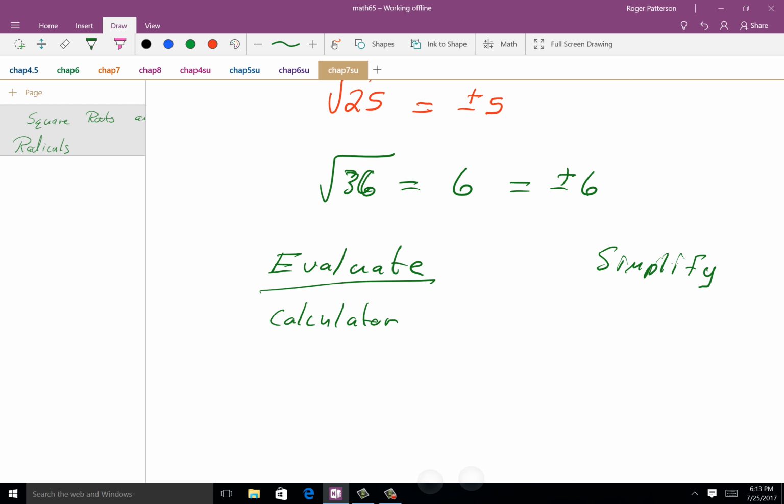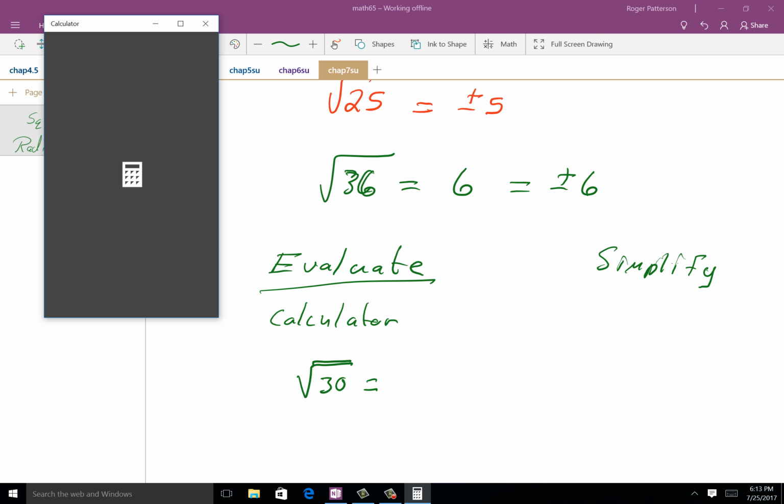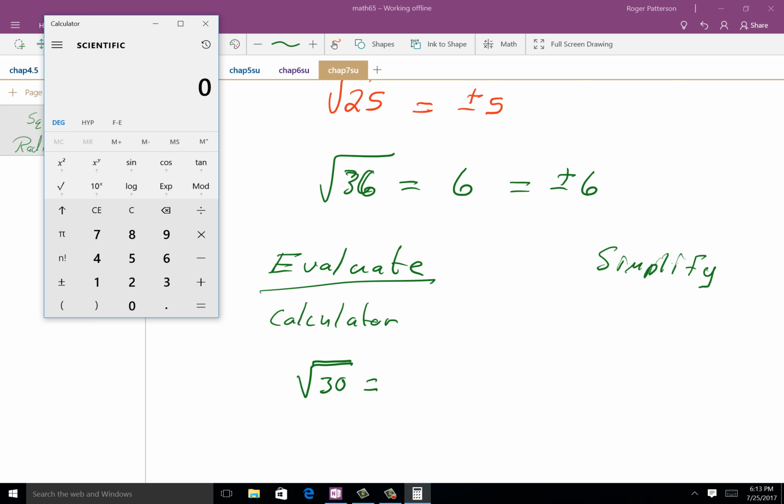So if we're going to go to the square root of 30, okay, I'm going to go find my calculator here, and I need square root. I also need glasses so I can see. And I don't care if you use your phone or anything like that.